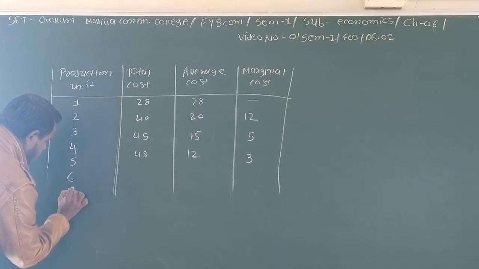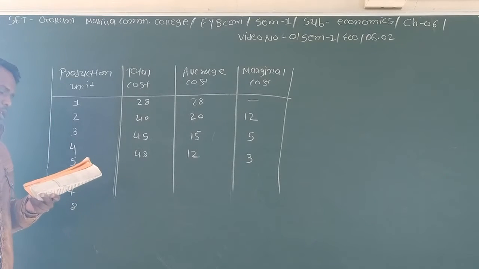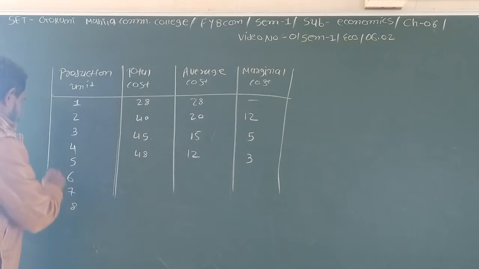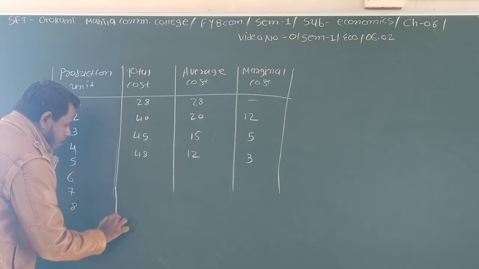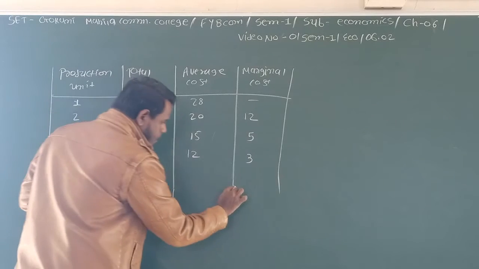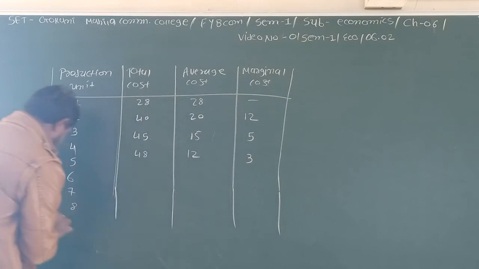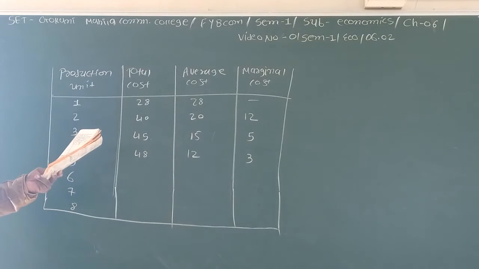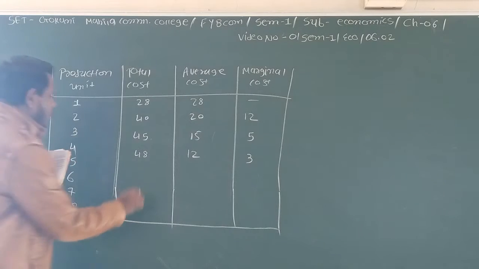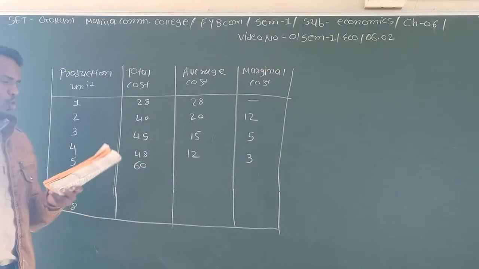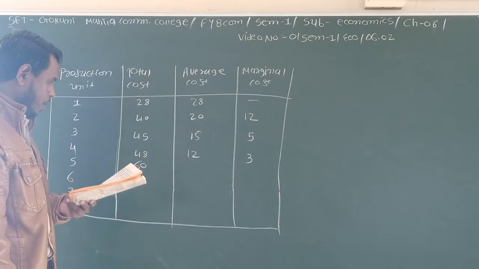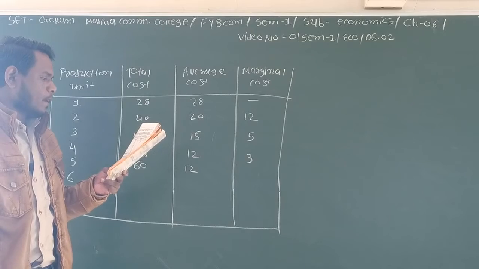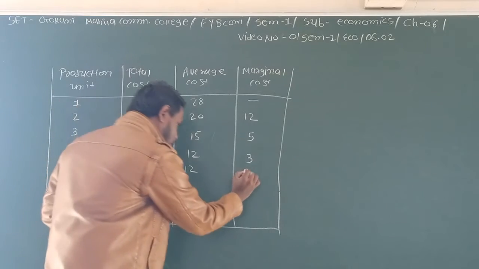Then 5, 6, 7 and 8. 8 units of the production is given to us, so we will do the same operation. At the 5th unit you will get total cost of rupees 60, so 60 divided by 5, that is also 12, and 60 minus 48, that is also 12.